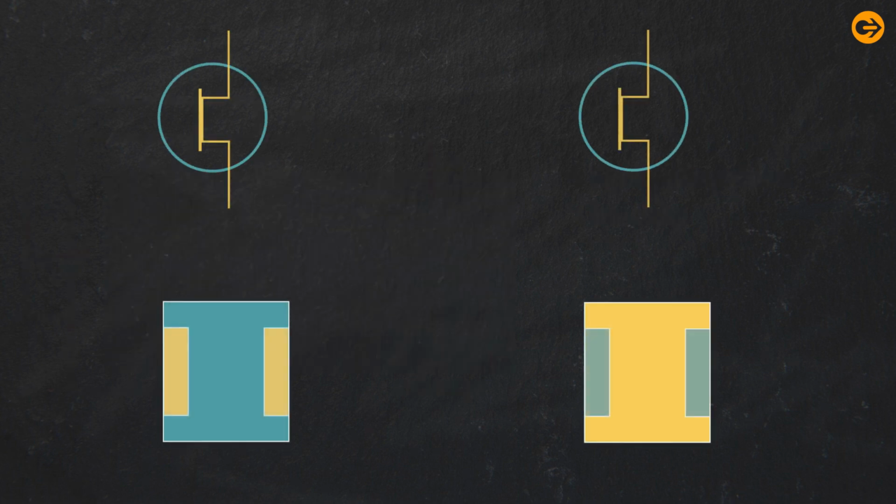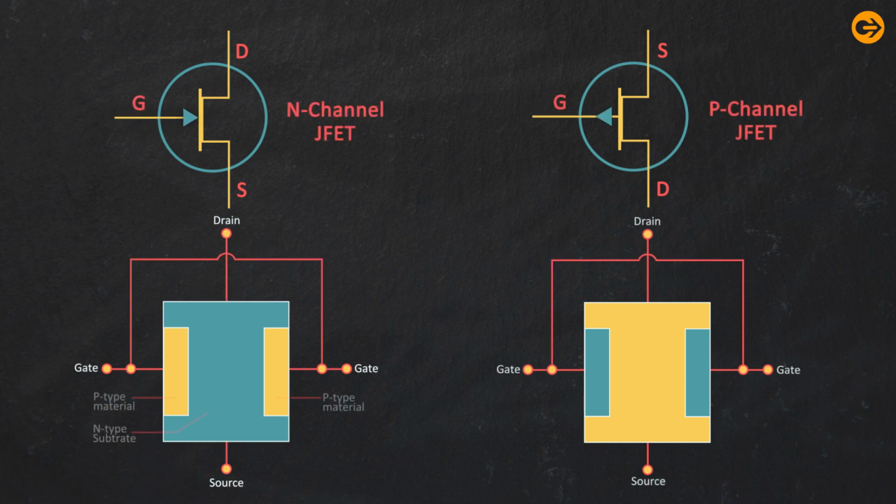Circuit operation. The circuit symbol of an N-channel and a P-channel JFET is shown in the figure. The arrowhead on the gate terminal indicates the direction of the gate current when the gate-source junction is in forward bias condition. In normal operation, the gate-source junction is reverse biased.